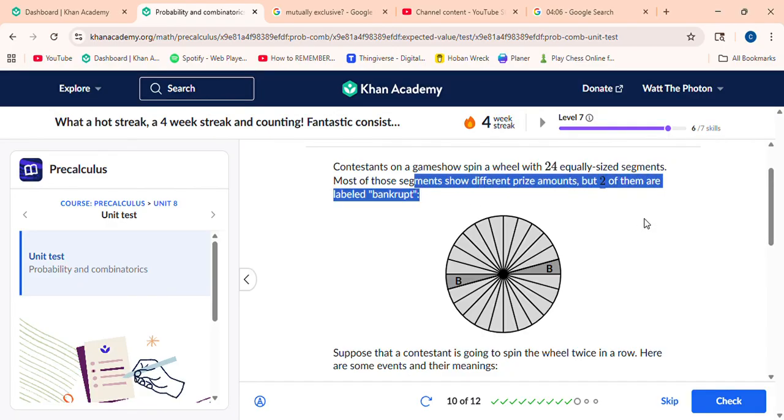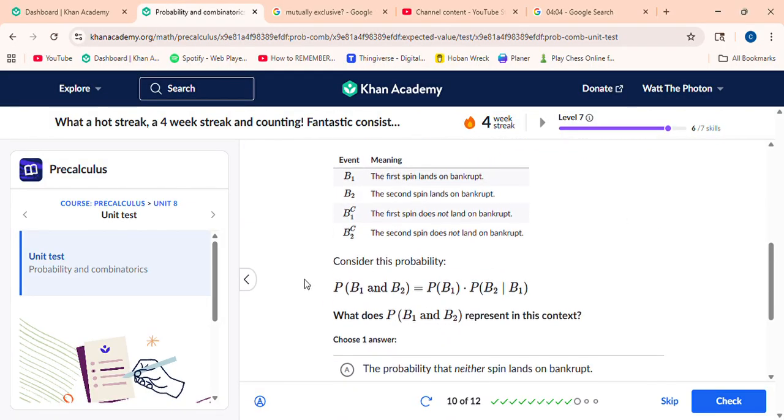Most of these segments show different prize amounts, but 2 of them are labeled bankrupt. What is the probability of bankrupt 1 and bankrupt 2 equals the probability of bankrupt 1 times the probability of bankrupt 2 given bankrupt 1? What do bankrupt 1 and bankrupt 2 represent in this context?